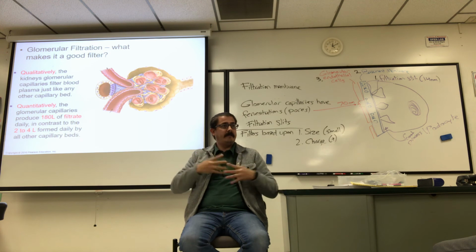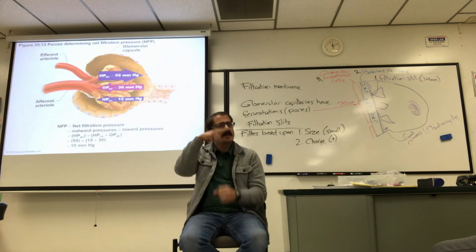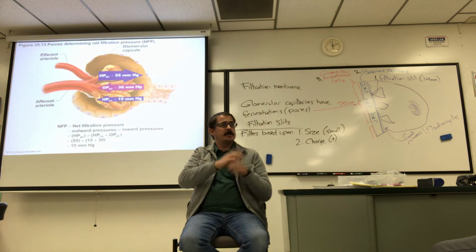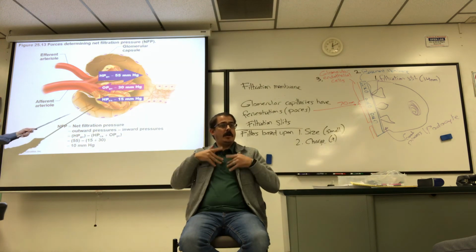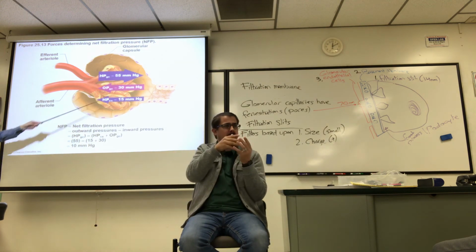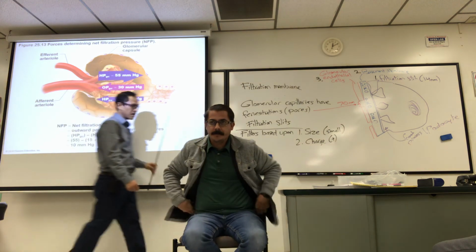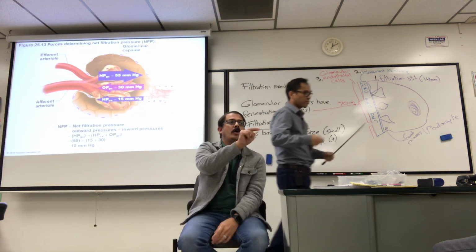So let's think about the pressure it takes to push blood through those little glomerular capillaries. These pressures I want you to note. They call this net filtration pressure.